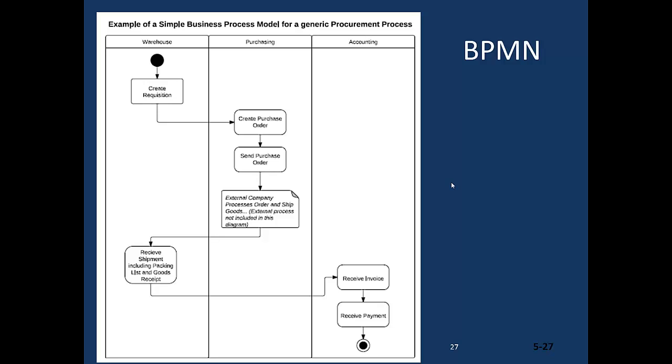As I've said in earlier discussions regarding process mapping and business processes, you can look at it from a very high level perspective, an overall procurement process, or you can look at a very small piece of the process. So even if we break down one of these specific tasks, such as creating the purchase order, there are likely multiple steps regarding creation of the purchase order or receipt of shipment.